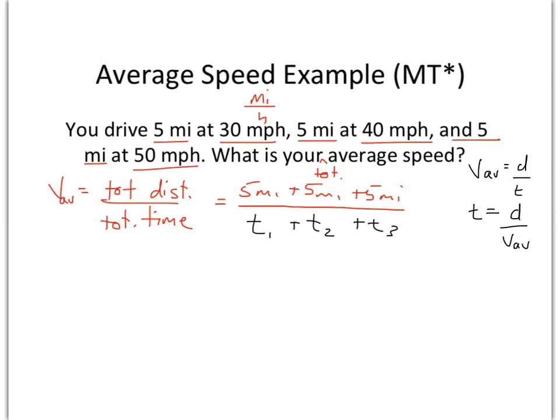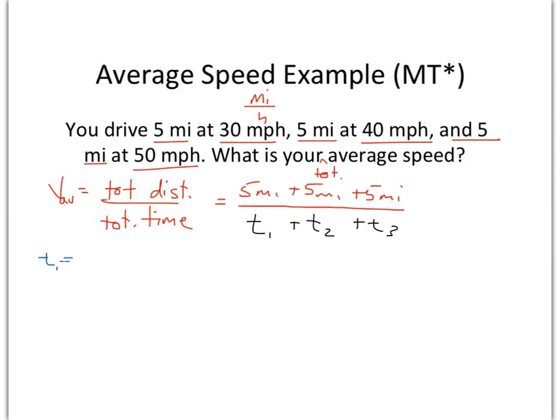So we should be able to solve for time 1, time 2, and time 3 simply by taking the distance, the 5 miles, and dividing by the various different miles per hour that were driven. I'm going to erase these because we're going to need that space. Down below, in blue, I'm going to calculate time 1.